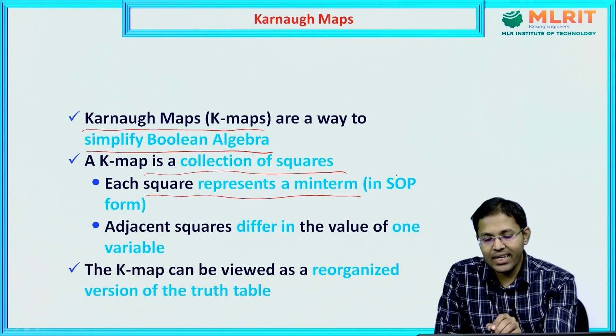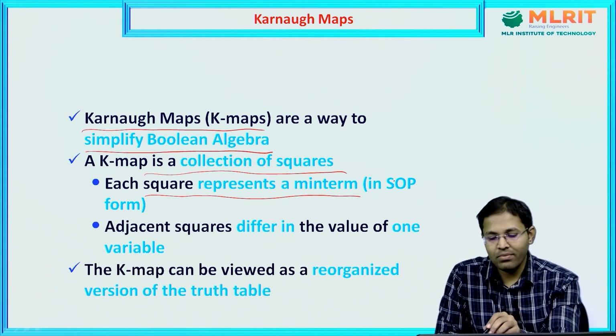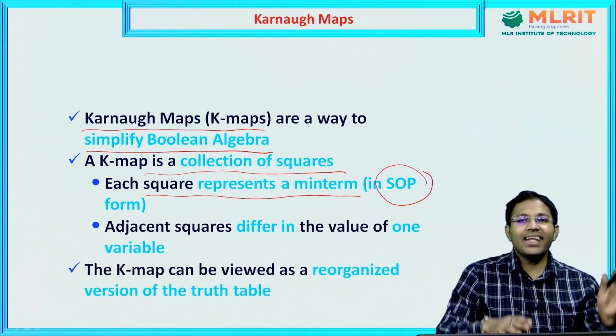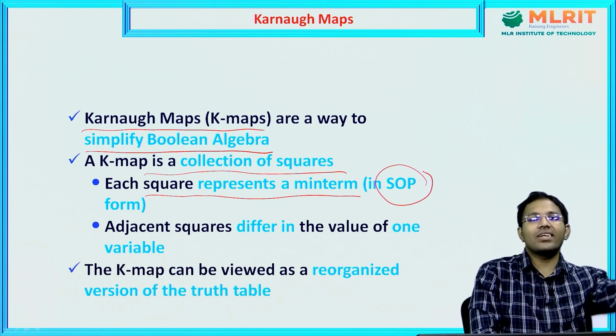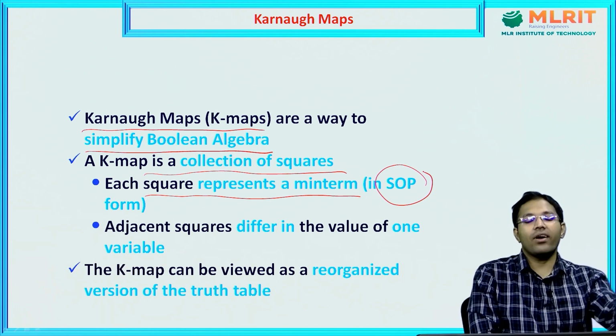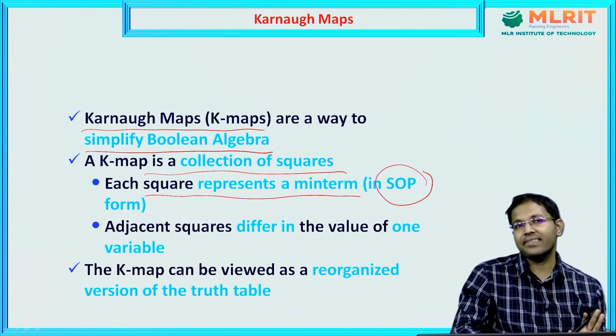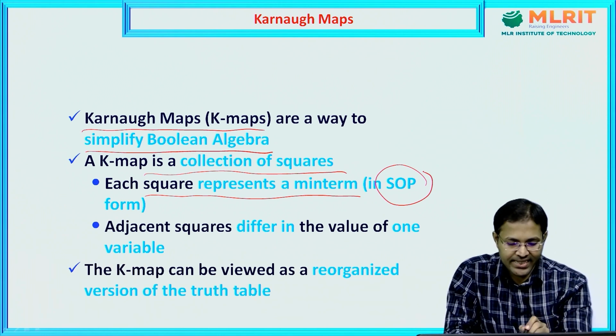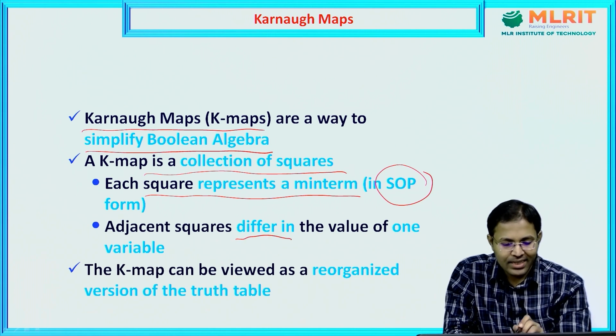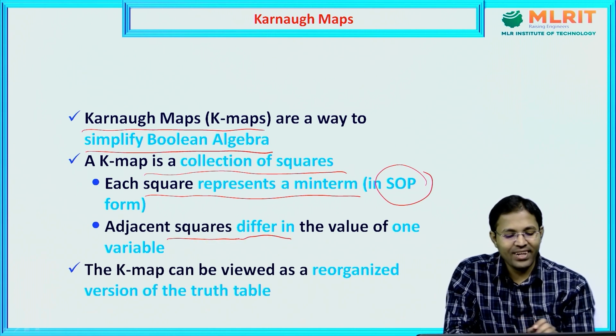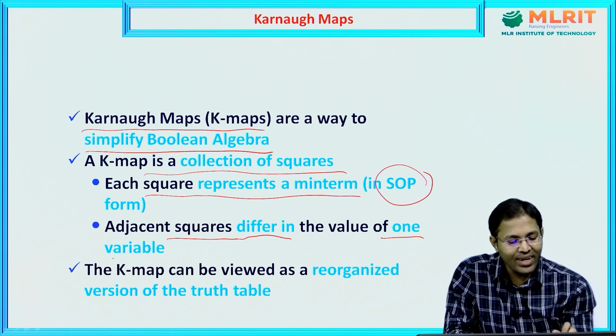Okay, in sum of products form. There are different versions also. One version that we need for analyzing the full adder, that one only we will study in this class. Next, another key point is the adjacent squares differ by one variable.